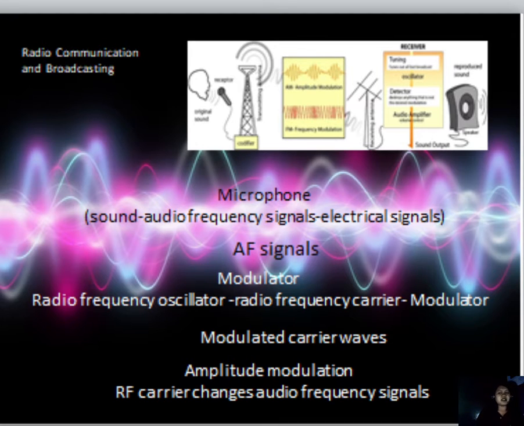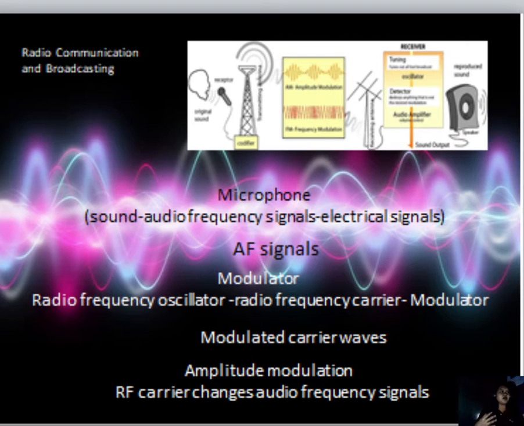These are the processes on how signals are produced and transmitted through radio waves. The broadcaster uses a microphone, wherein this microphone converts sound to audio frequency signals, to electrical signals, followed by audio frequency signals.